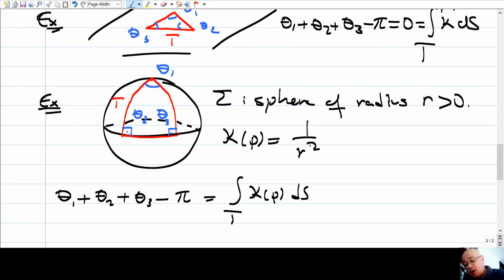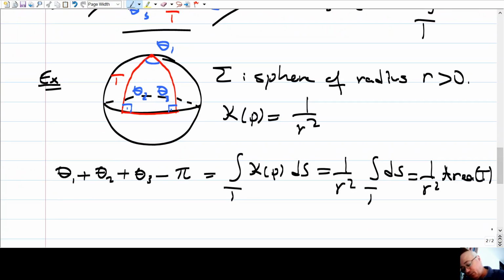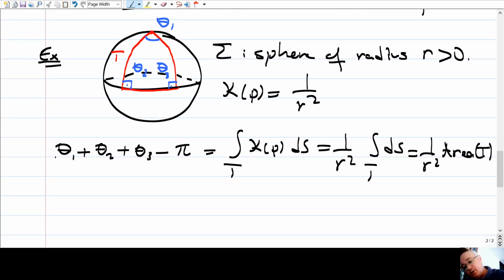This is just the constant function 1 over r squared. So 1 over r squared goes out, and then I integrate ds, but this is just 1 over r squared times the area of T. And also this is just pi.